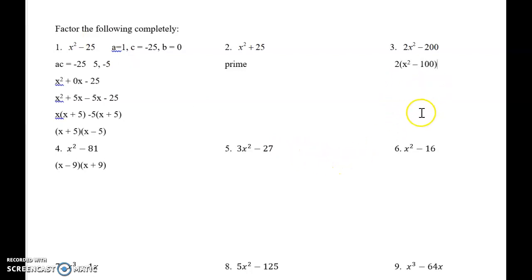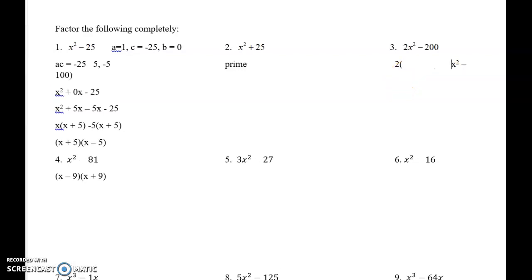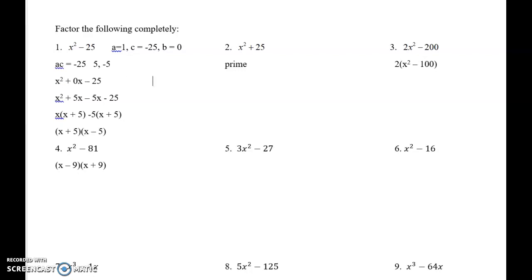Okay, so you have two choices at this point. You can either choose to rewrite. So I would put 2. I'm going to leave that first one just like it is.